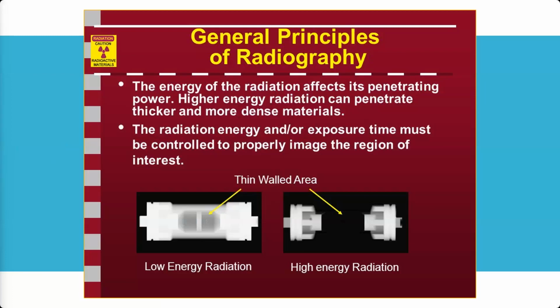So more of the radiation is hitting the object for a given period of time. But now you can see we can image the end caps a little bit. So you have to be aware of what power settings you need and how long you expose it for, but you can use essentially the same setup to get two different images to inspect different parts of the test object.